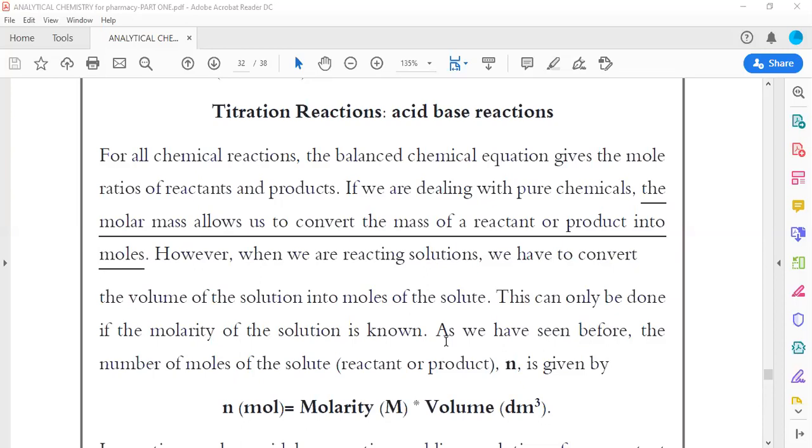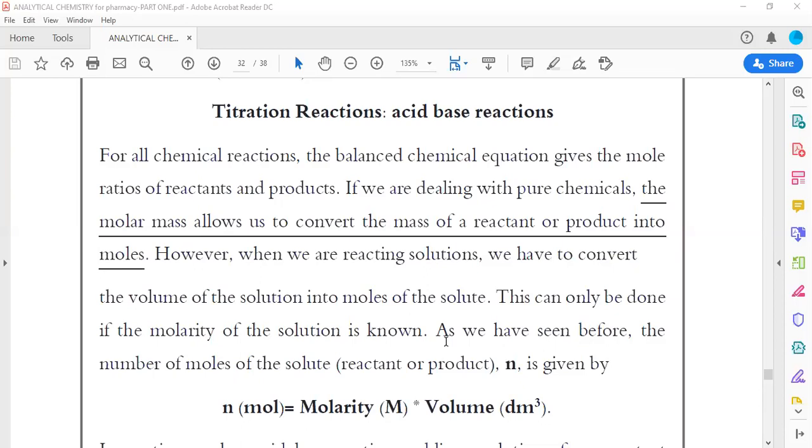So if you know the volume and the molarity, you can find out the number of moles of that solute.